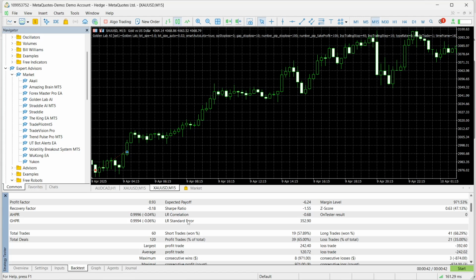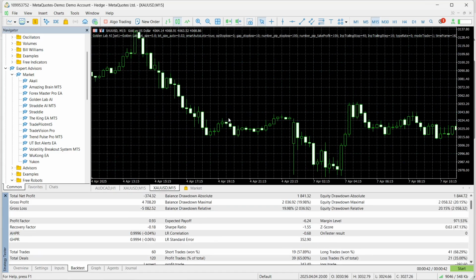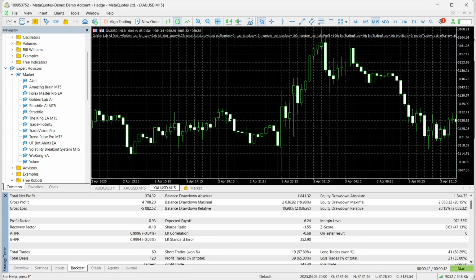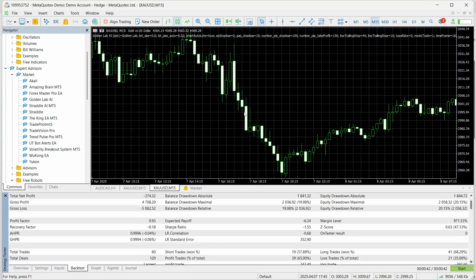The optional fundamental integration could add an edge in rate sensitive markets. Honestly, the features that matter most are the low risk settings, proper pair and time frame selection, and patience for the selective strategy. The no grid single order rule is a positive for safety. Right?